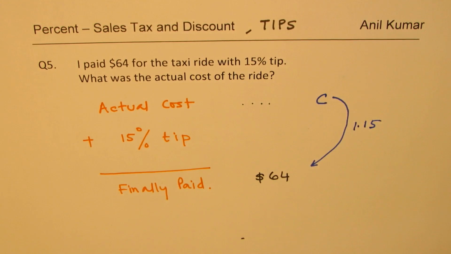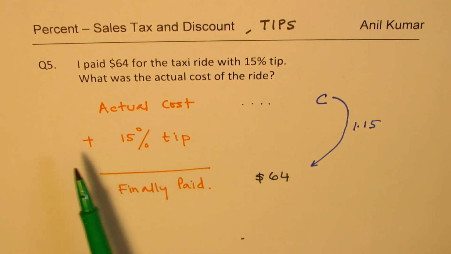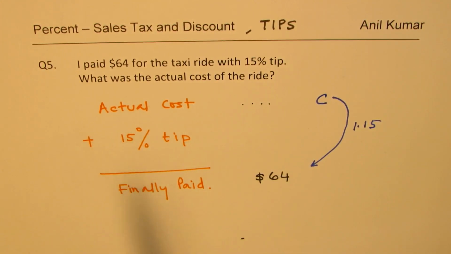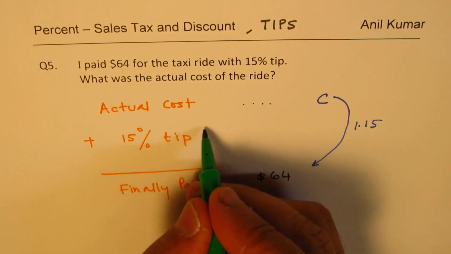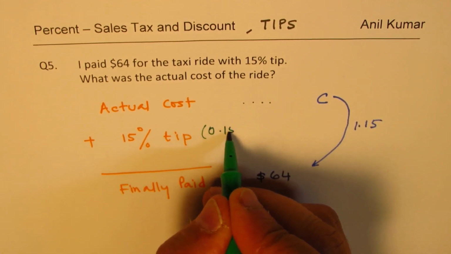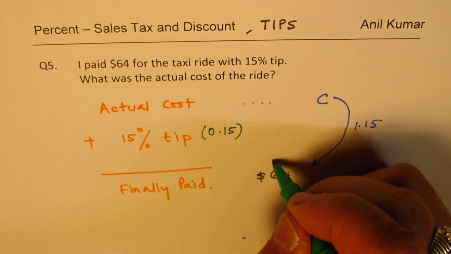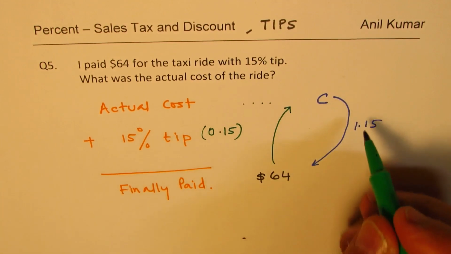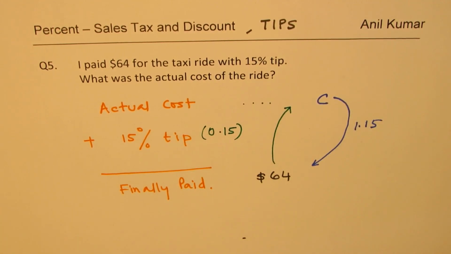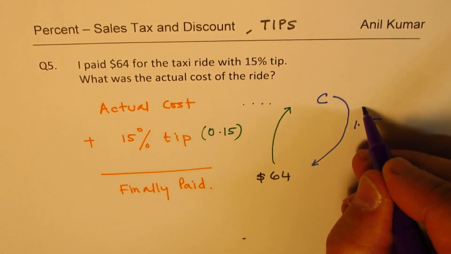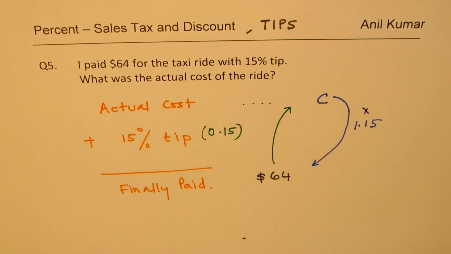But if I have to go back, because 15% more, right? So original cost plus 15%. 15% means what? 15% means 0.15, right? Plus the cost. So it becomes 1.15. So if you have to go backwards, what should you do? We multiply to come in this direction, right? So to go backwards and to get to the cost, we should divide, right?